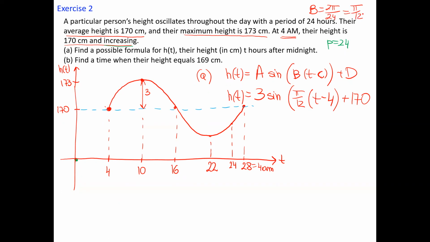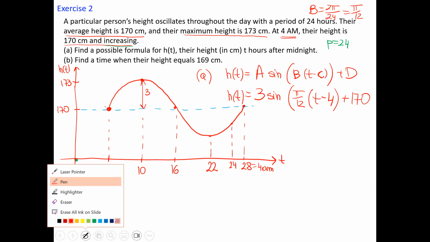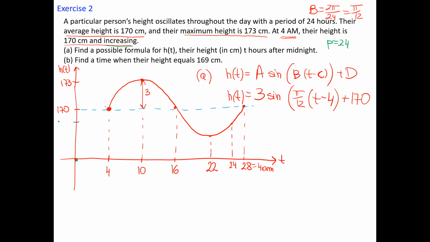Okay, now we have to find out the time when the height is 169. Where is 169? Oh, 169 is here. Let's see the intersection. We will need that time, t sub 1. Oh, almost 24.